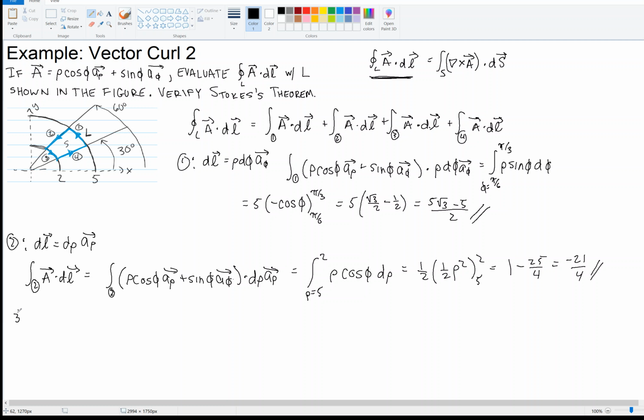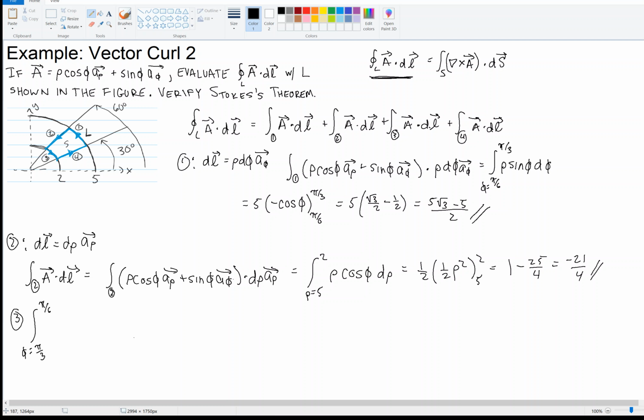Now let's consider path 3. So path 3 here, what is changing? Well, it is the angle that's changing from 60 degrees to 30 degrees here. So I'm going to do this one a little bit quicker. The angle changes from 60 degrees, which is pi over 3, to pi over 6.